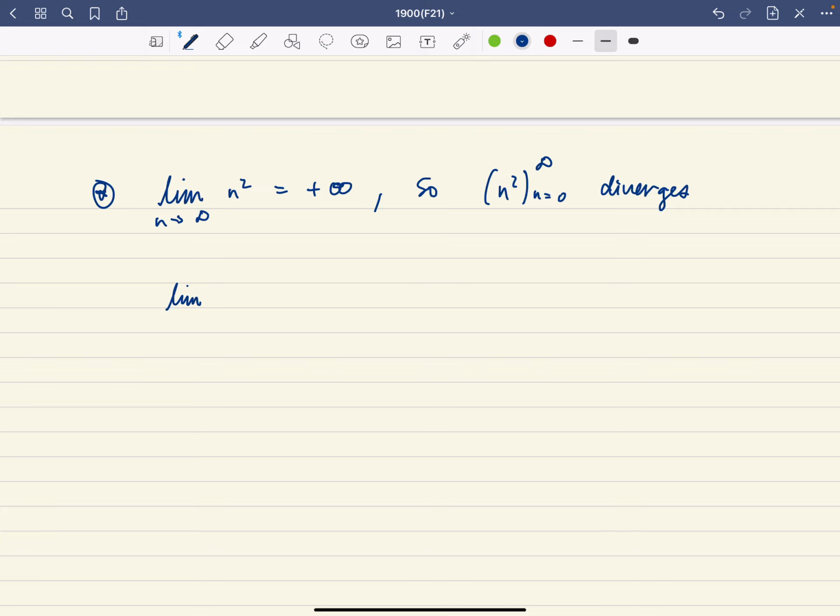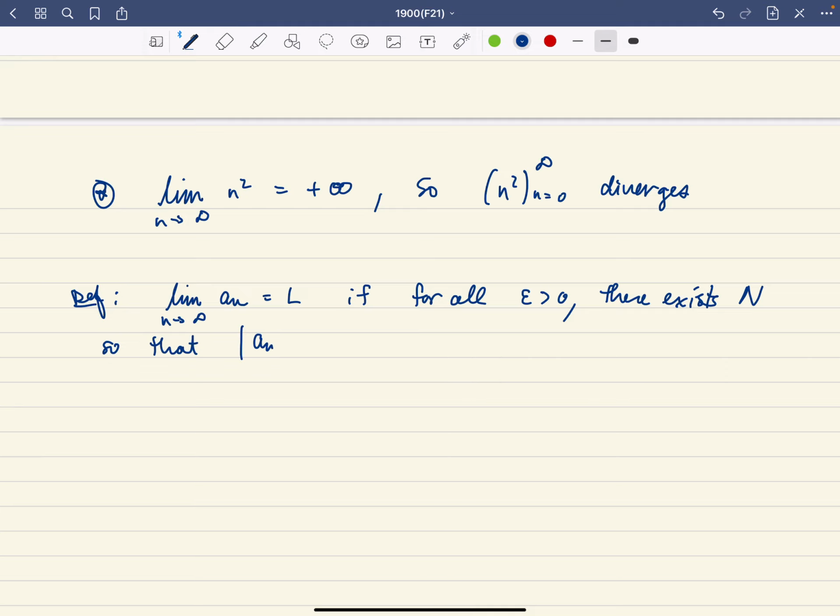We say that the limit of a sub n as n goes to infinity is equal to L if, and this is a definition, for all epsilon there exists a capital N so that the absolute value of a sub n minus L is less than epsilon whenever little n is greater than or equal to big N. Okay, so that's the limit definition here.